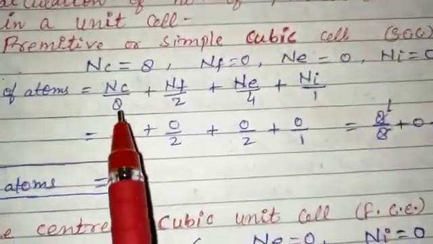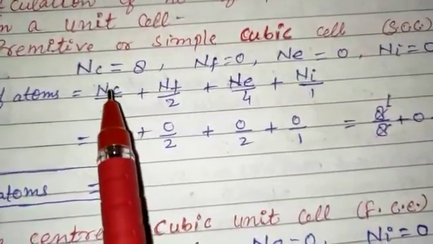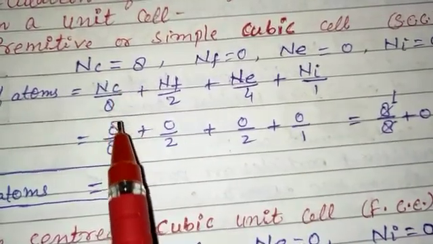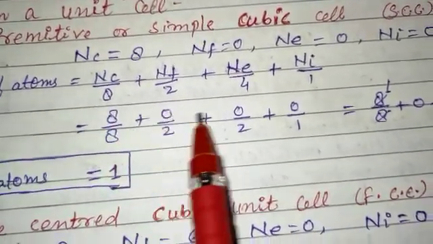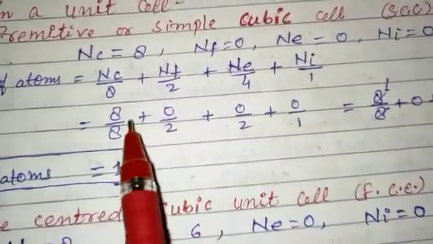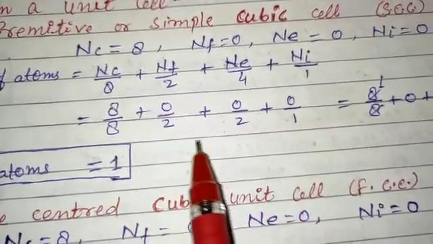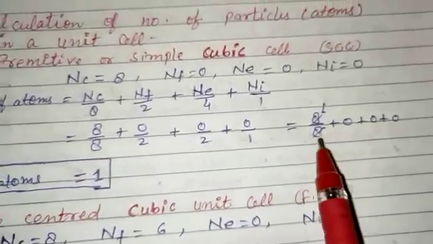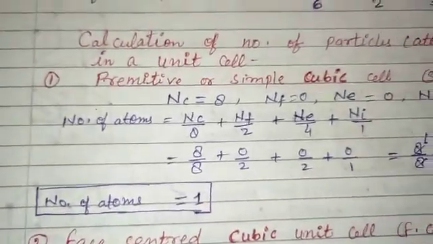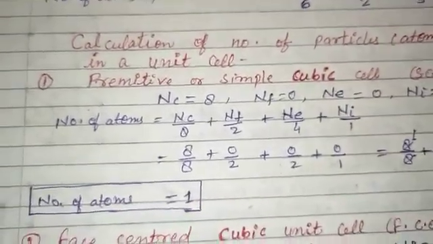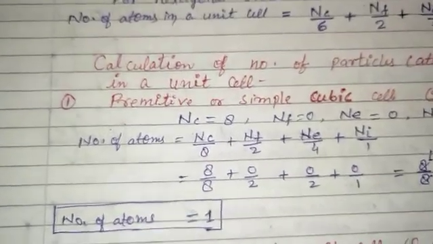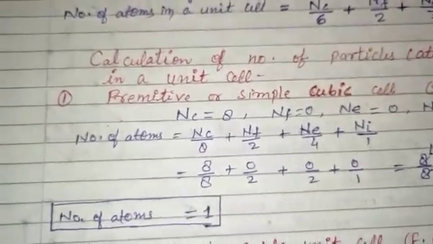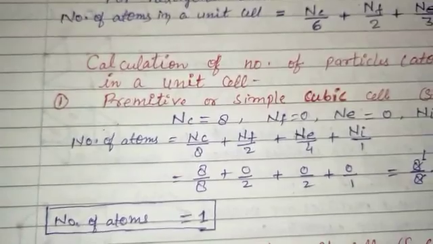So number of particles at corner 8 by 8, and all others are 0. So only 8 by 8, meaning 1 particle. So in the primitive or simple unit cell, the contribution of particles is 1 to the unit cell.